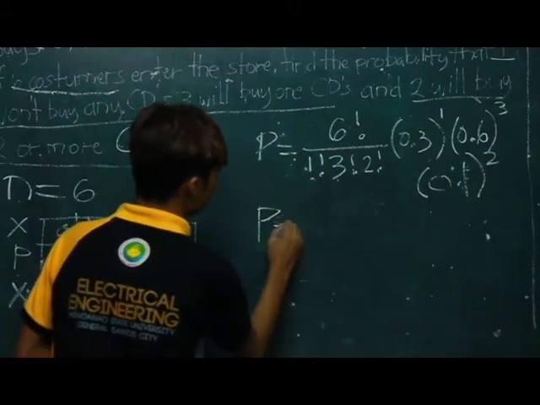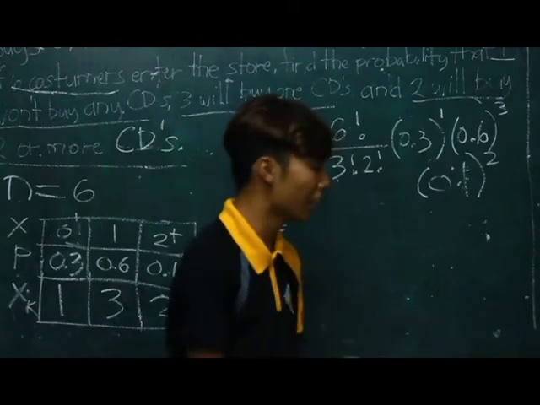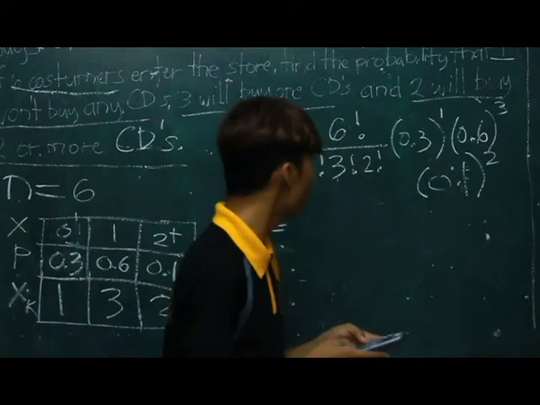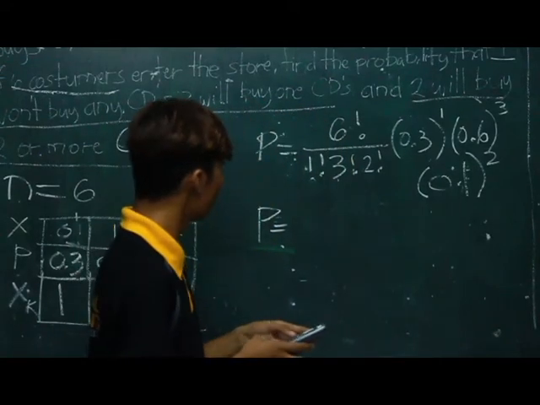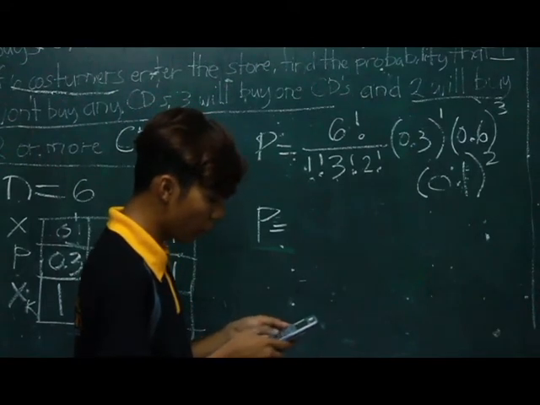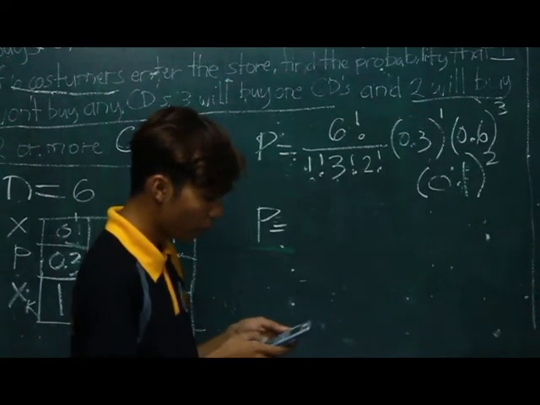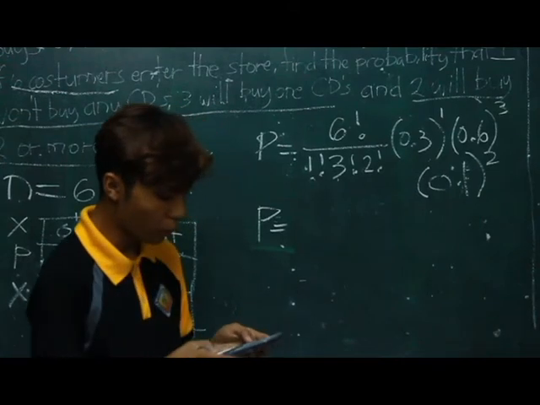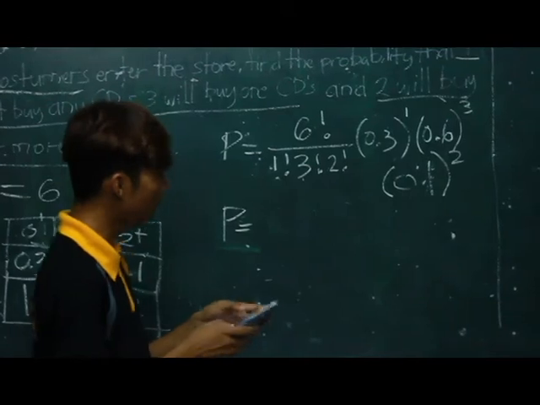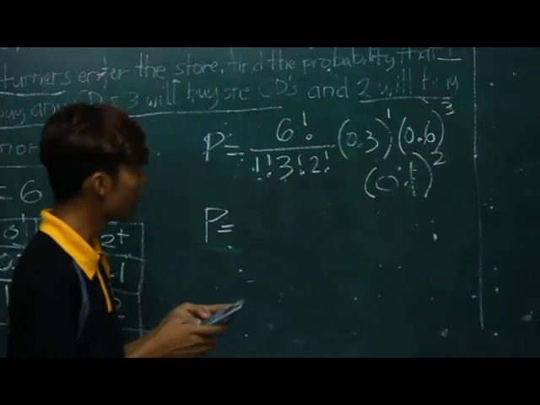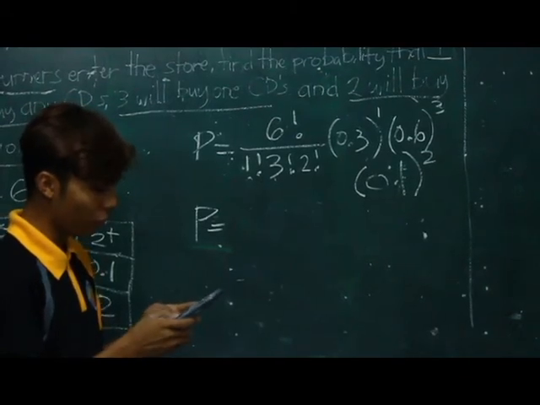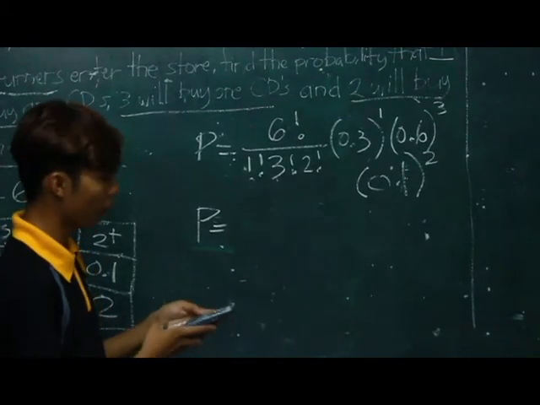Now let's input this in our calculator, and the calculator will do the work. 6 factorial over 1 factorial times 3 factorial and 2 factorial, times 0.3 raised to 1, 0.6 raised to 3, and 0.1 raised to 2.